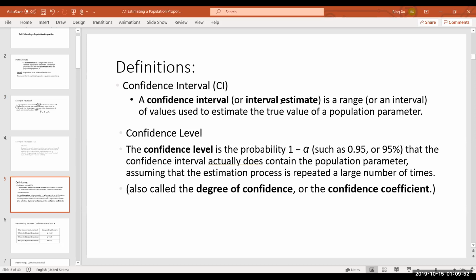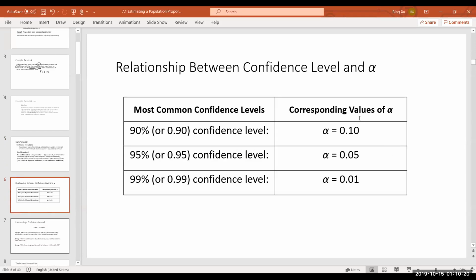Okay, so now the definition of a confidence interval. So what is a confidence interval? Sometimes a point estimate is not good enough, right? You need a little range, a little interval to say, okay, this interval will contain the real population proportion. That's what a confidence interval is. So usually we will be given alpha.